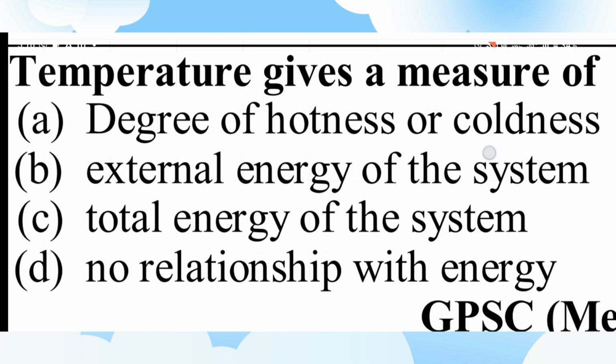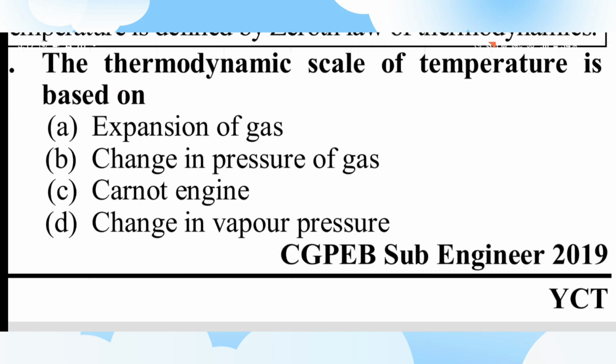Next question: the temperature gives a measure of the degree of hotness or coldness. Yes, this is the answer. Next question: the thermodynamic scale of temperature is based on expansion of the gases, change in pressure of the gases, Carnot engine, change in vapor pressure. B is the change in pressure of the gases.